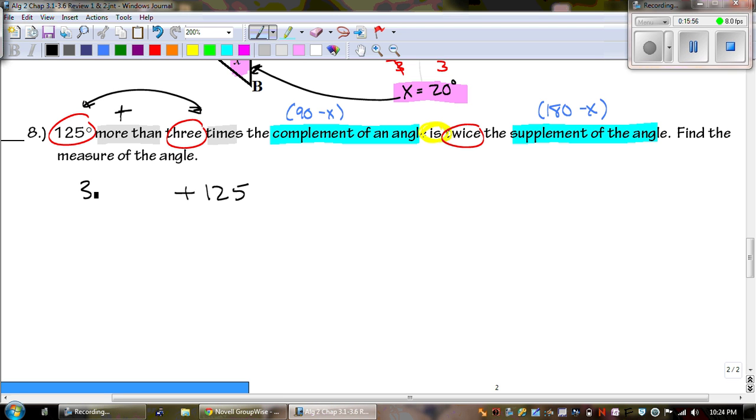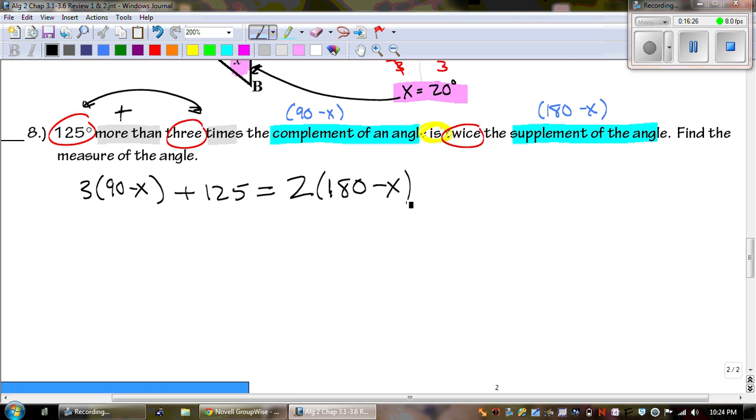So I have 3 times, and now I'm just plugging in the complement, it's the 90 minus x. Now we've got that word is. Is means equals. And it equals twice. Twice means multiplication, and I'm multiplying the supplement, which is 180 minus x.